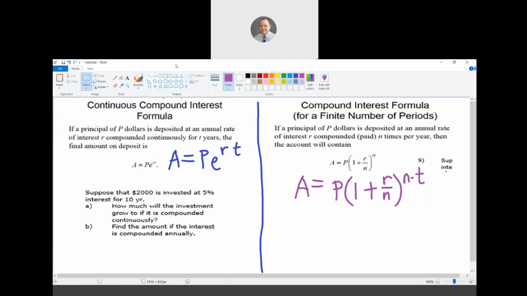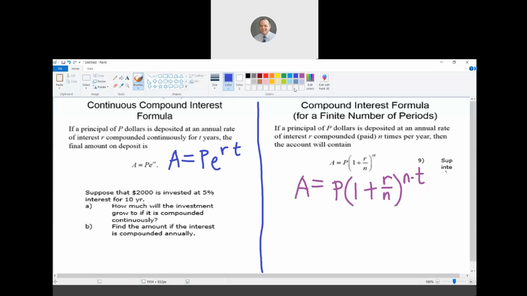Okay, I'll just leave it here. Suppose that $2,000 is invested at 5% interest for 10 years. A, how much will the investment grow to if it's compounded continuously? And B, find the amount if the interest is compounded annually.